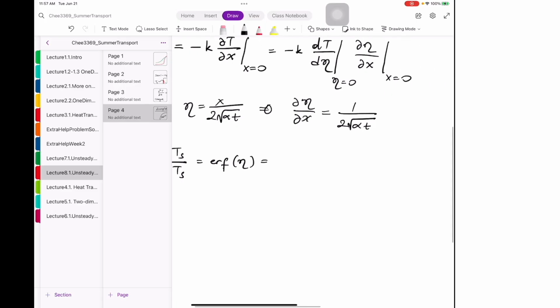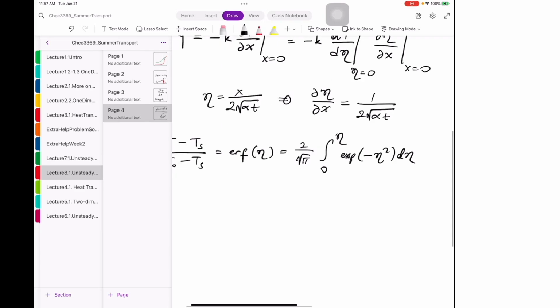Or in other words, 2 over square root of pi times the integral from 0 to eta of exponential minus eta squared d eta. Okay?